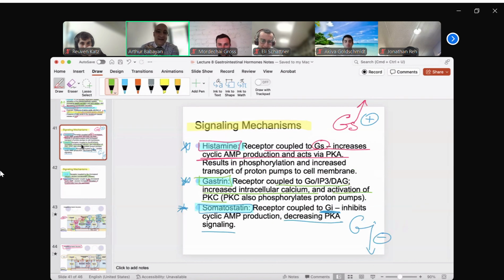Signaling mechanisms. Histamine receptor couples to Gs, increases cyclic AMP production, that is from exam 1. Gastrin will be Gq, and somatostatin Gi, that will be inhibitory. Gs, S up, stimulatory; I inhibitory.